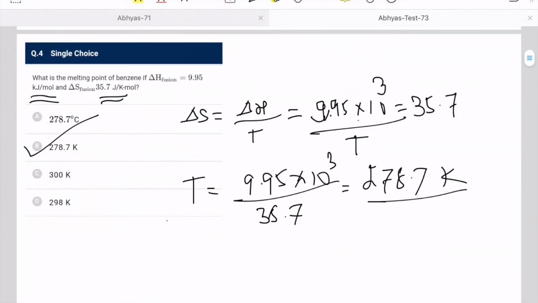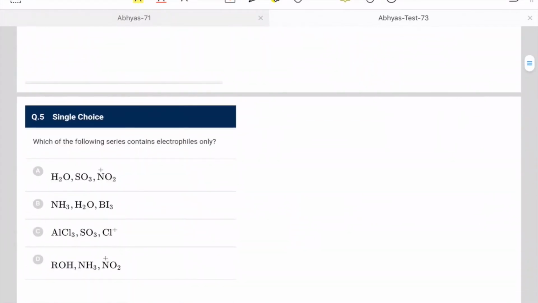So next question: which of the following series contains electrophiles only? So we have to select the electrophile-only series. In the first option A, water is not an electrophile, it is a nucleophile. So this is not correct. In the second option, ammonia is given.